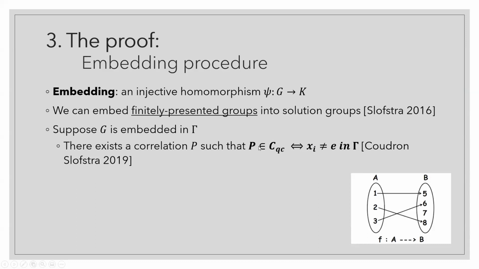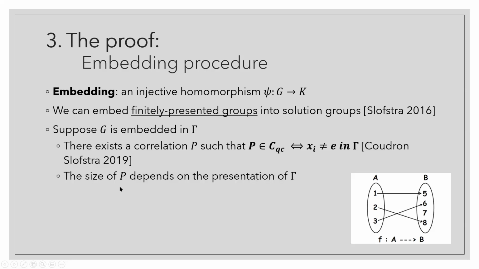More specifically, this correlation P is in CQC if and only if Xi is non-trivial in gamma. If gamma is non-trivial, you can use the regular representation of the solution group to get an inducing strategy of the correlation P. If it's trivial, then you can prove that no commuting operator strategy can give you this correlation P. This was developed by Kudron and Slofstra.